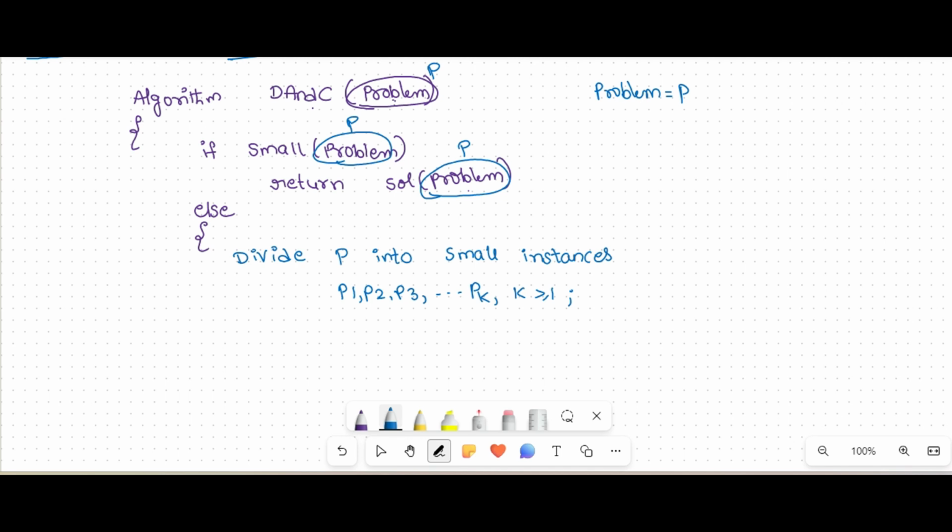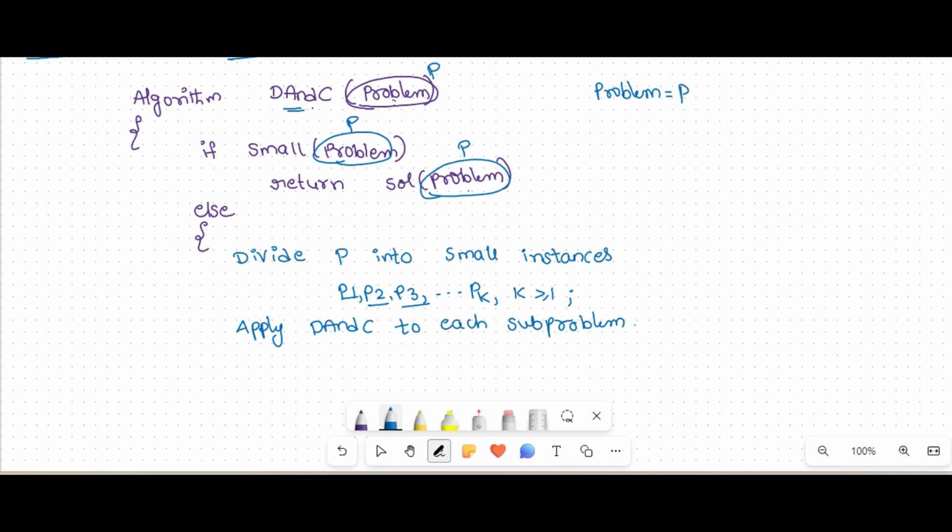After dividing the problem, what do we do? We check whether each one is small or not small. Again we call the function divide and conquer, applying the same strategy like a recursive call, divide and conquer, to each sub-problem.